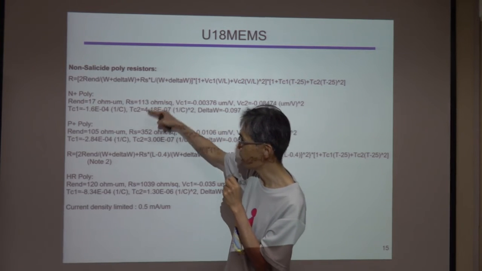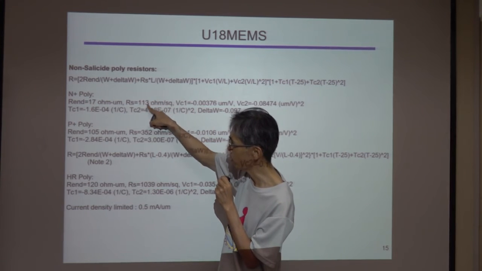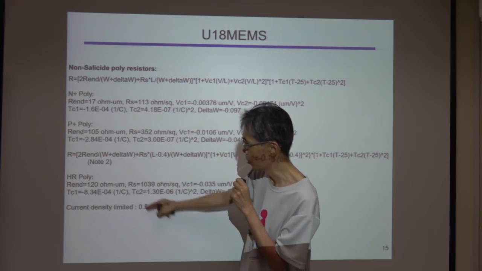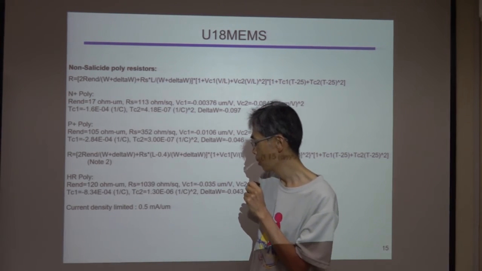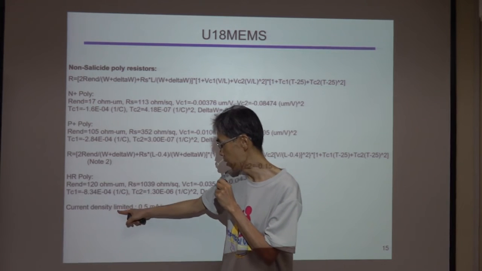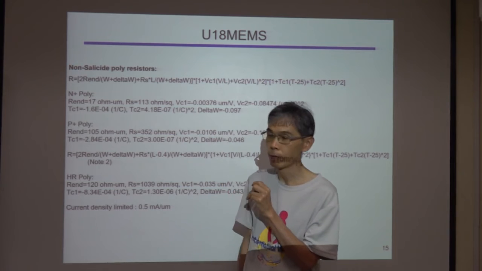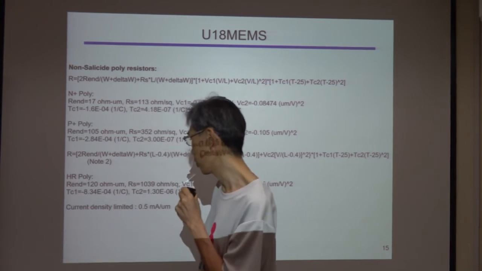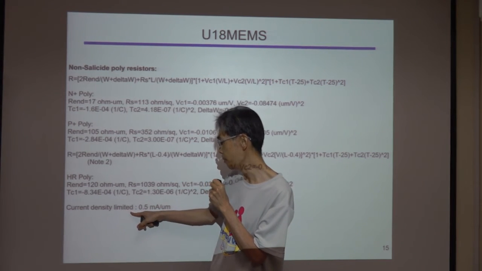For N plus poly and P plus poly, we need to use this equation. The parameters belong to N plus poly, and these parameters belong to P plus poly. For HR poly, we need to use this equation. Current density is limited to 0.5 milliamp per micrometer. So when you apply voltage, you need to calculate current density because that is the maximum value allowed.